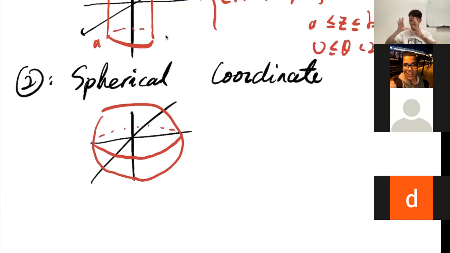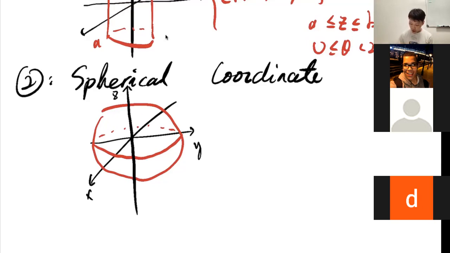Imagine this is a sphere. How do we represent a point on the sphere, other than the usual x, y, z? What are the other ways to recognize these points?